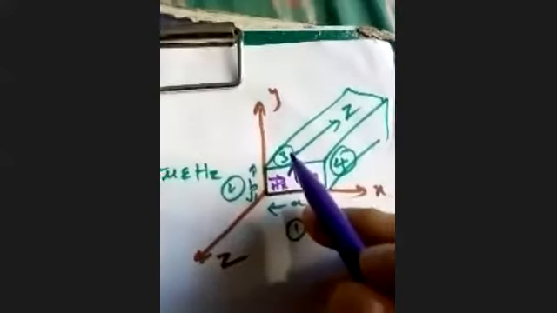Why Ex and Ey? Because Ex will be tangential to surface 1 and surface 3. So at surfaces 1 and 3, it is either Ex is 0 or Hy is 0: the tangential component of electric field is 0 or the normal component of magnetic field is 0.